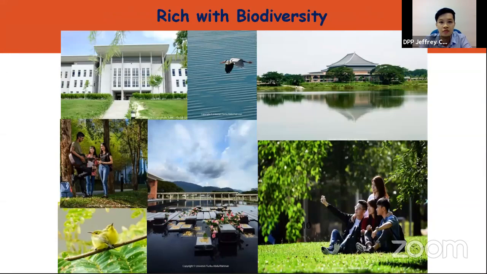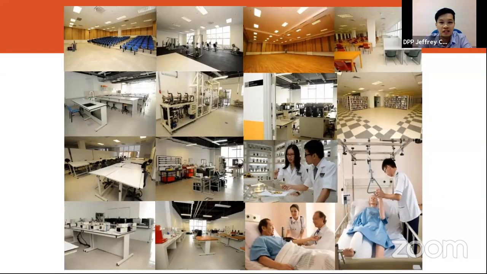And we are rich with biodiversity. It's a very nice campus, and you can explore more after you study here, along with the facilities we have at the Sungai Long campus.